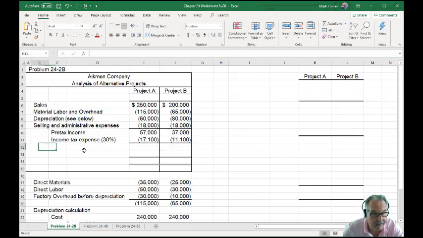So our net income is $39,900 for project A, $25,900 for project B.